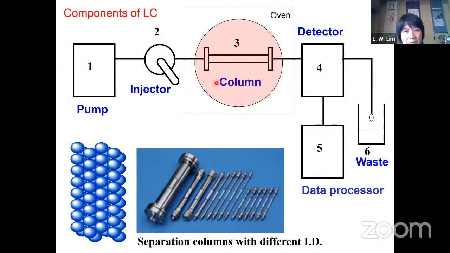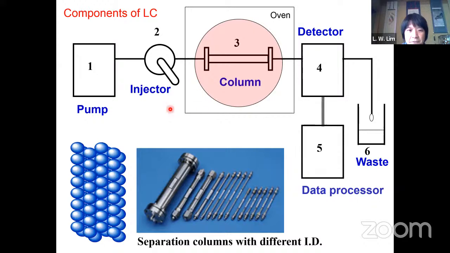And then before reaching the column, we have an injector. The injector will determine how much sample we can inject into the column, which depends on the size of the column.